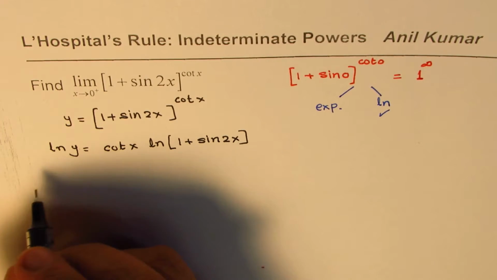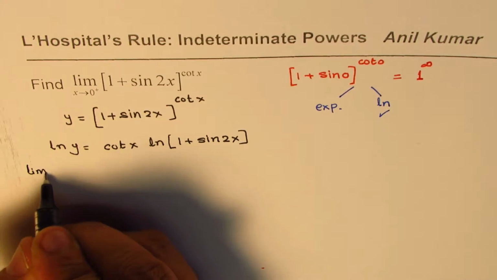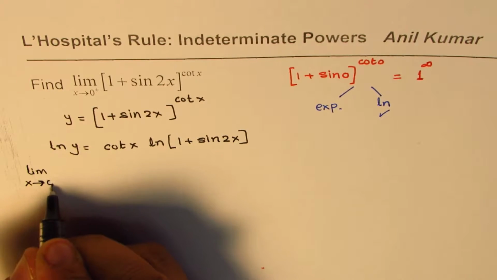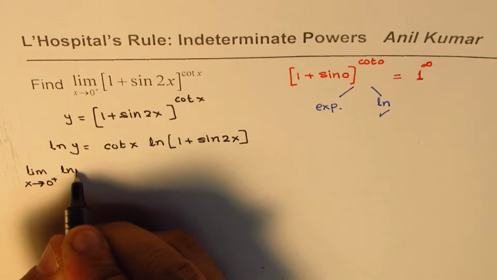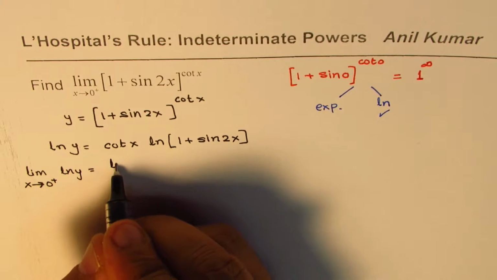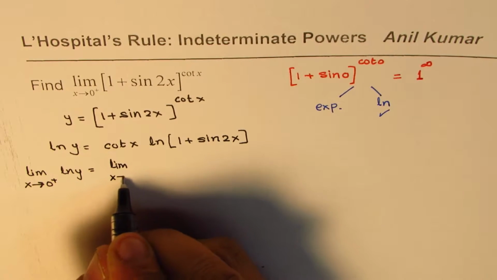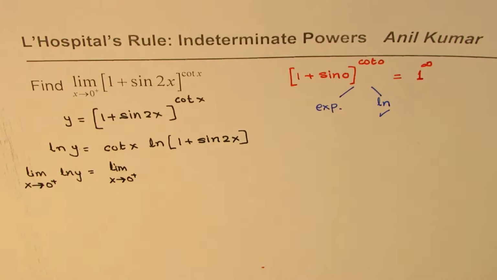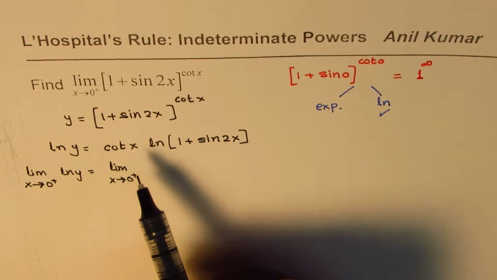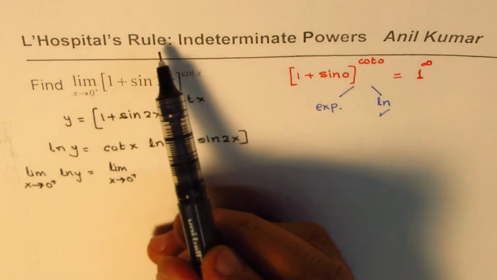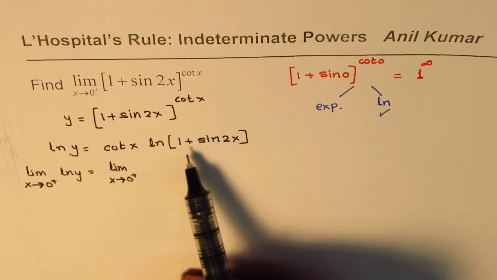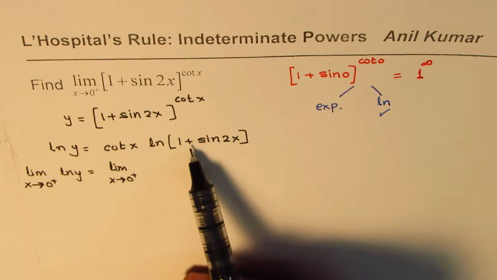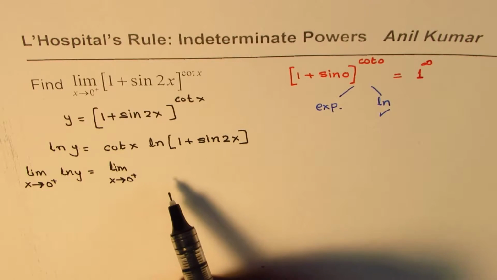Now we can take the limit on both sides. So we get the limit as x approaches 0 from the right side of ln y equals the limit as x approaches 0 from the right side of this. Now whenever you're trying to apply L'Hopital's rule, you will see a quotient of functions, so there has to be a function on the top and a function in the denominator.